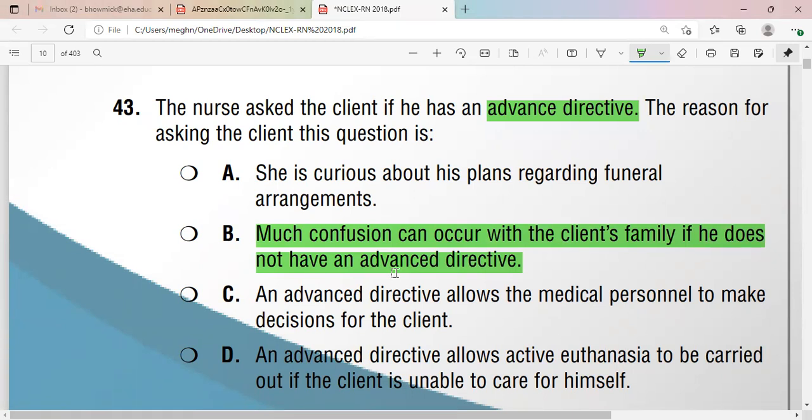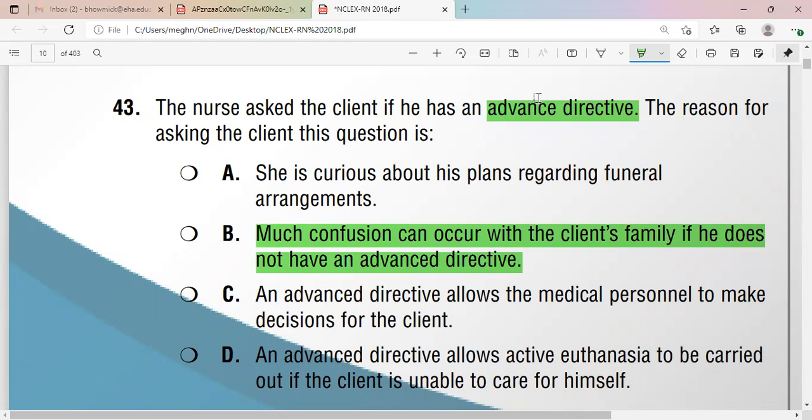First of all, let me tell you something about advanced directives. Advanced directives are written instructions recognized under state law that are related to the provision of care a person wishes to have when he or she cannot make decisions for themselves, like a living will, durable power of attorney, or advanced care medical directives.